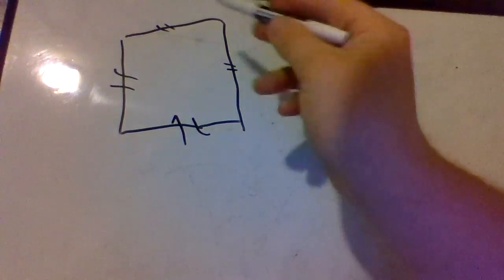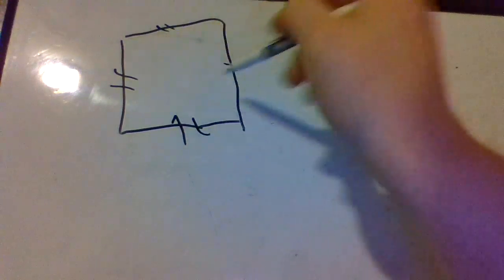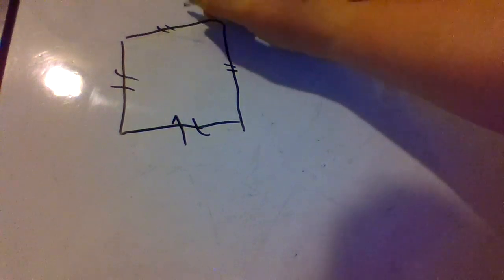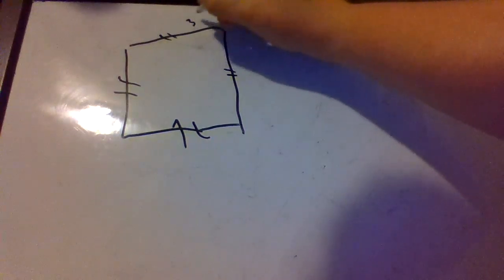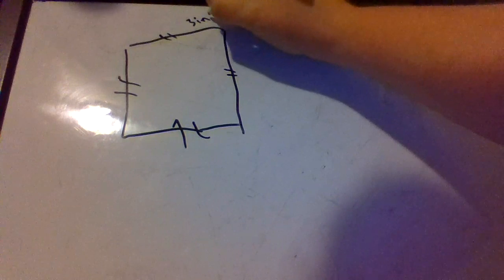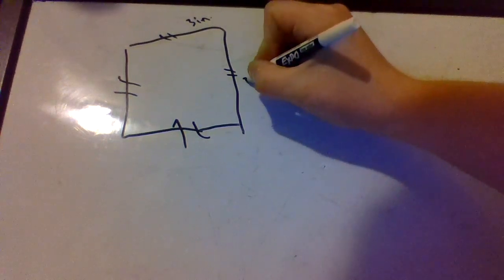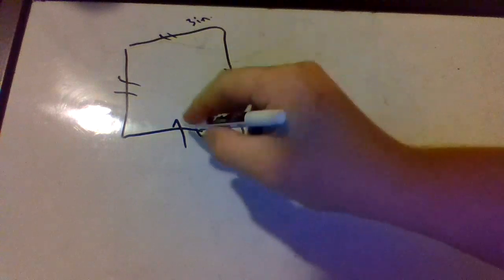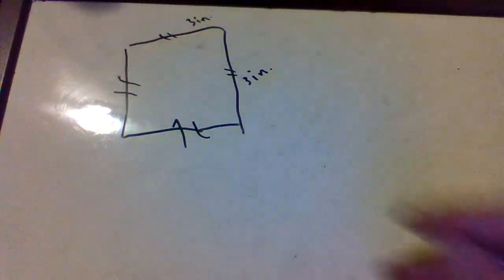And that's what those little marks mean. So if this side was 3 inches, this side would be 3 inches, this side would be 3 inches, and this side would be 3 inches.